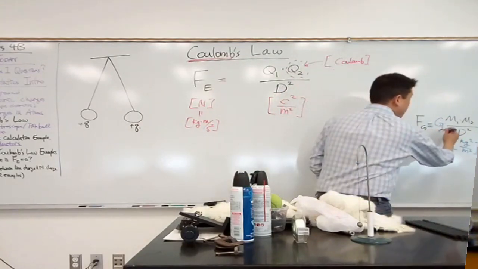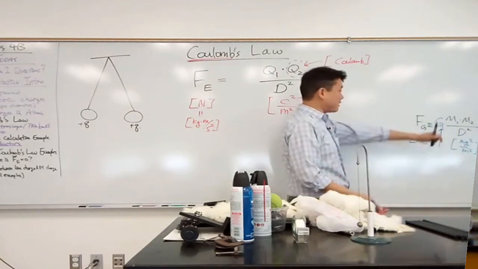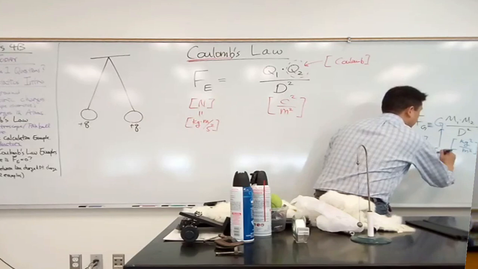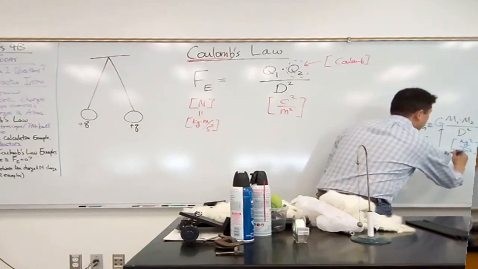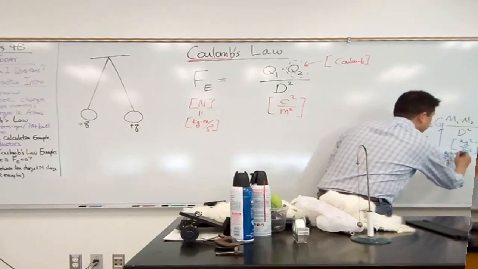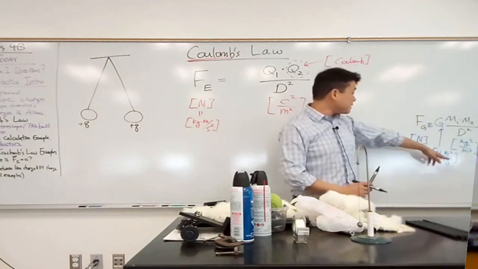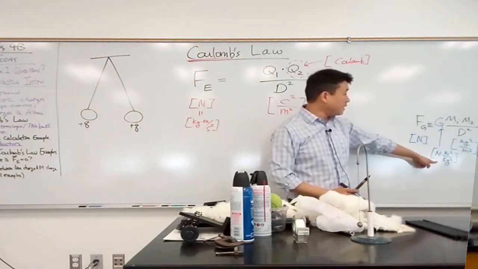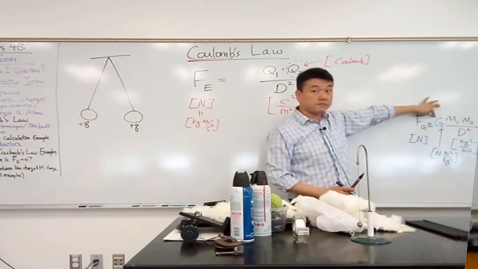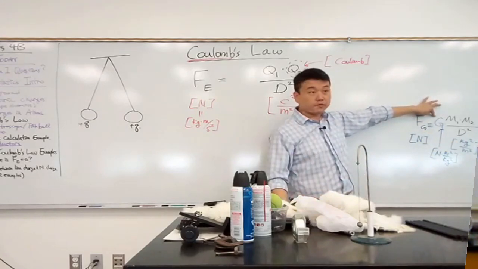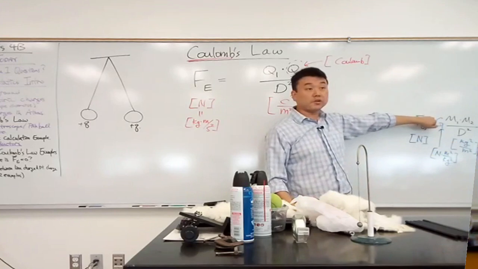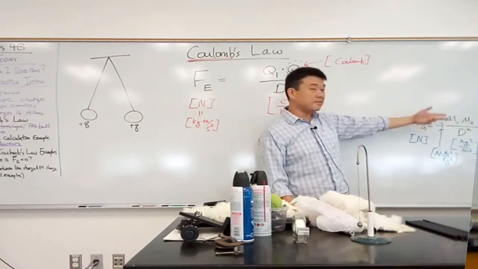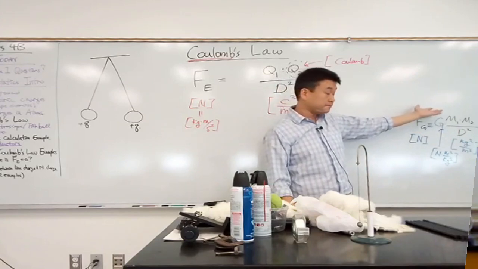Without knowing anything else, you can say this G must have the unit of newton times meter squared per kilogram squared. This is how we cancel out the unnecessary units, by including it in this constant. This is the systematic way of doing it. And this G has a very particular value. You can look it up in the textbook. One of the things about G is it's a very small value, right?